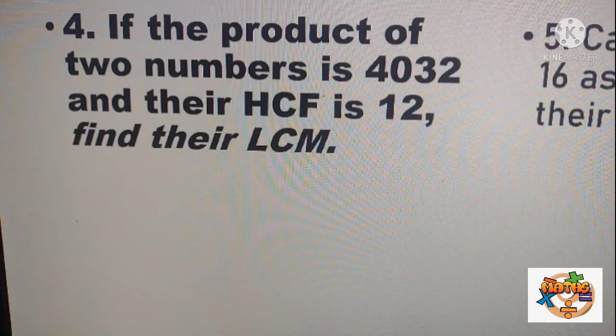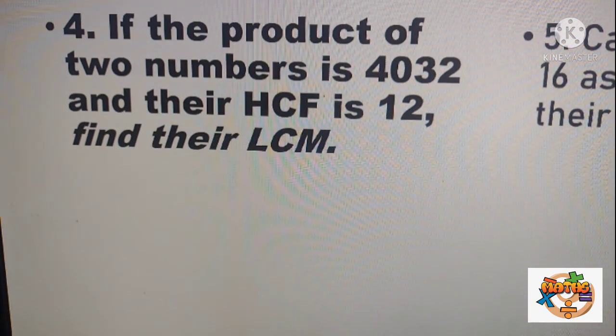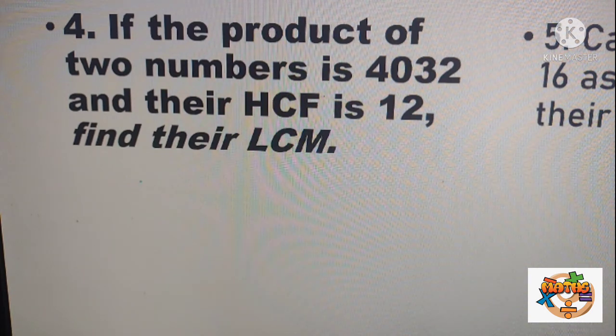Our next question and the second last question of this chapter is, if the product of two numbers is 4032 and their HCF is 12, so let's find their LCM. Now for finding the LCM, you have to divide the product of two numbers, that is divide 4032 by their HCF, that is 12.